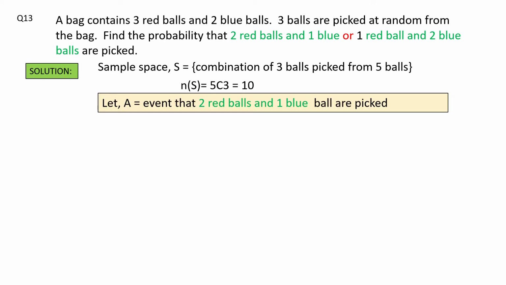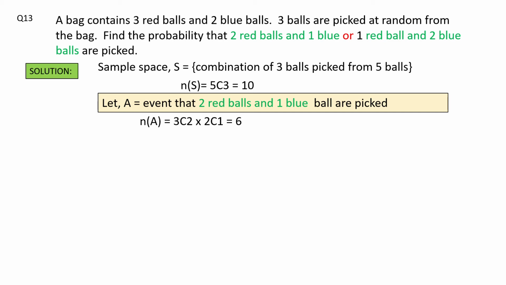Next, let A be the event that 2 red balls and 1 blue ball are picked. Now you have to calculate the number of event A. In order to get 2 red balls, remember we have 3 red balls altogether in the bag, so 3 choose 2, followed by 1 blue.